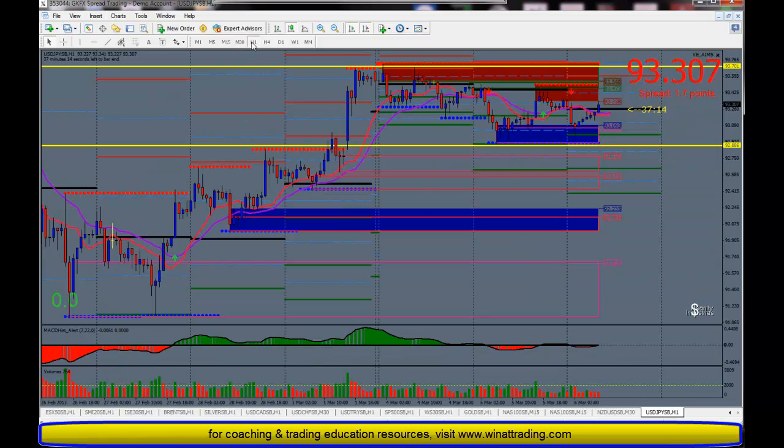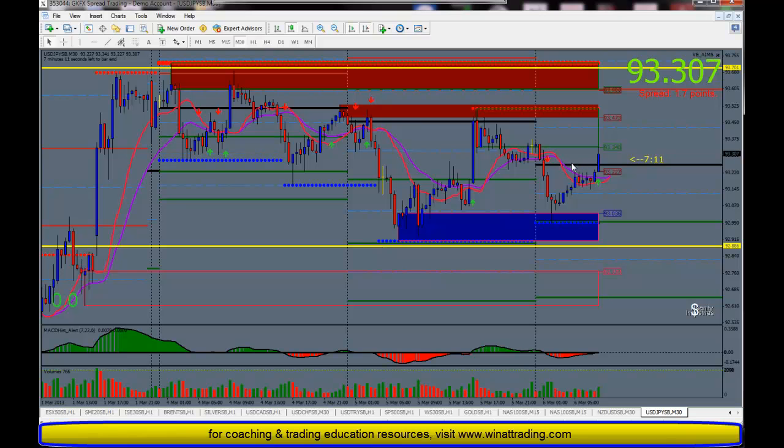US dollar JPY, okay, on the upside, looking for a long above 93.709, and shorts below 92.886. Although we could enter here, next area of resistance 17 pips away.